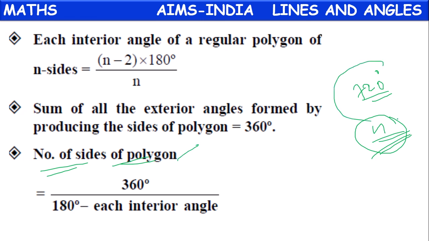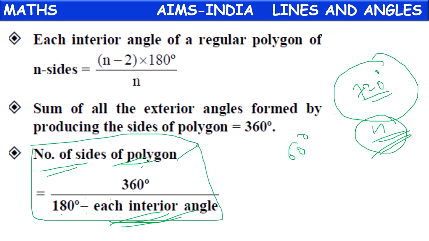If you know one angle, then the formula for the number of sides of a polygon is 360 degrees divided by (180 degrees minus each interior angle). So this we will learn later, children. This concept will come.